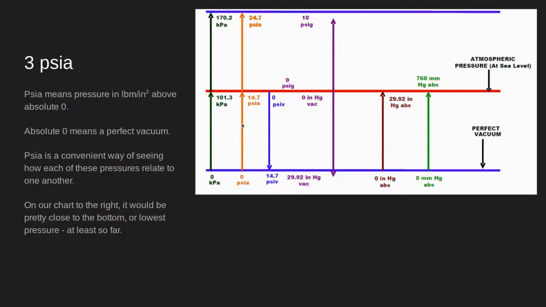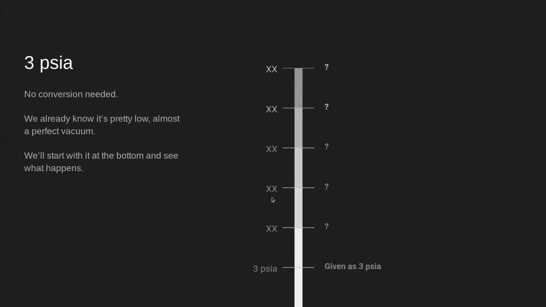Because we know that atmospheric pressure is 14.7 psia, we're about 1/5 of the distance off of perfect vacuum. So we're right about here. Since that's pretty close to the bottom, we're going to build a chart and stick that right on the bottom. Now, as we convert the others, that may move. We'll see.